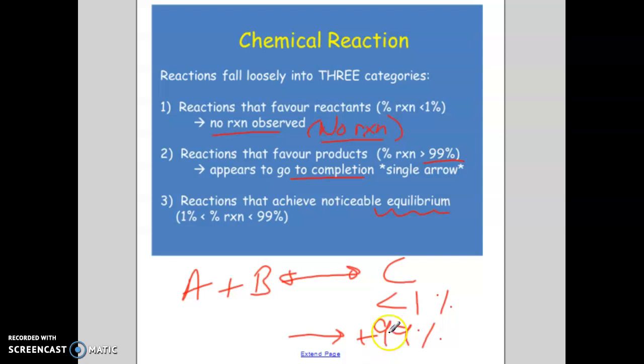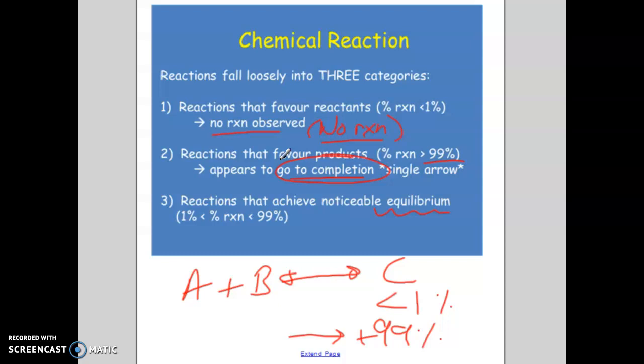You'll never have 100%, but you could even have 99.9% product. Where did that 0.1% go? It became reactant again. But because so much product is being produced, we can just say it's pretty much complete. It's close enough that we can say it's complete.